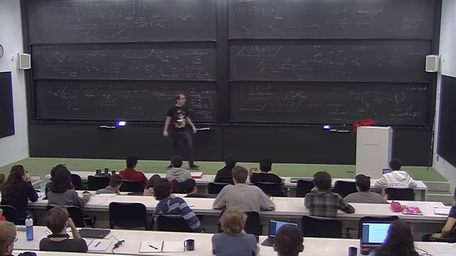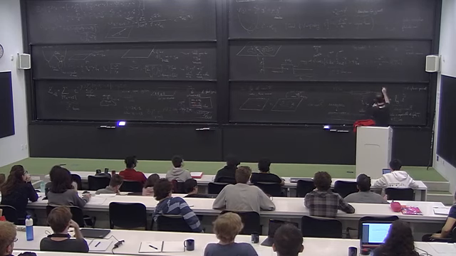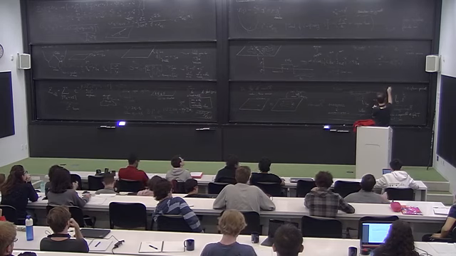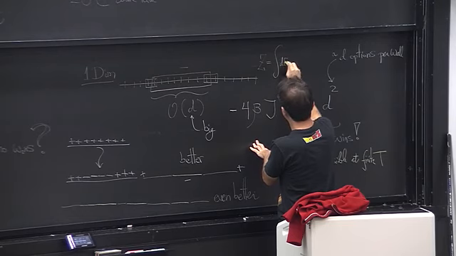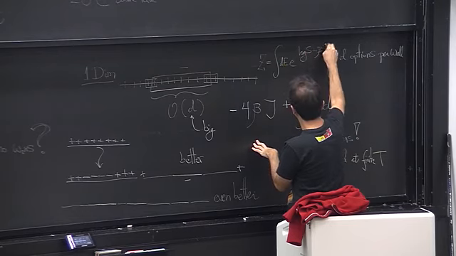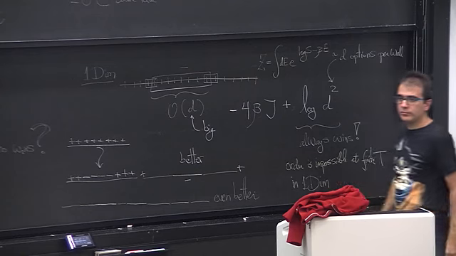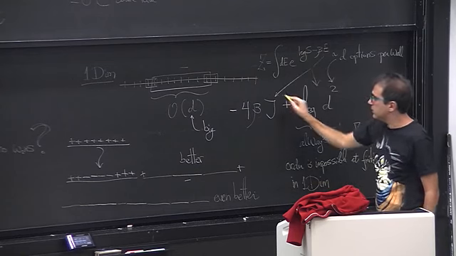So we are computing the partition function. Remember that my partition function is: I integrate over the states e to the log of the entropy minus beta energy. So this is the log of entropy, and this is beta energy.